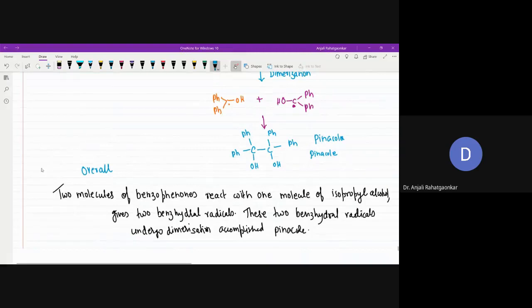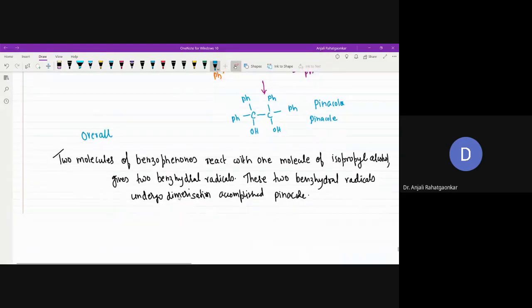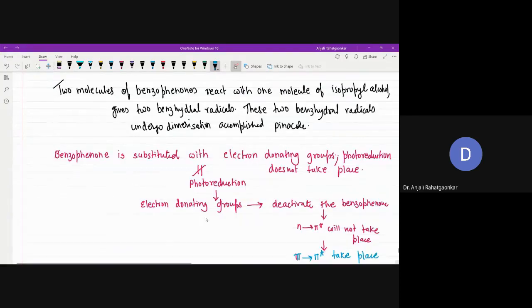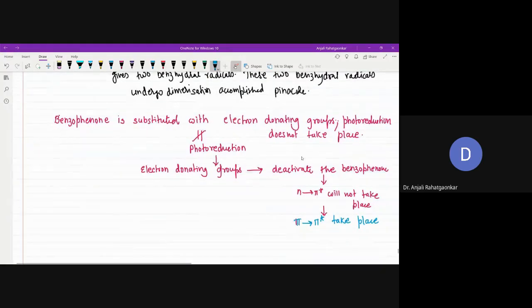So benzophenone, which is substituted with electron donating groups, the photoreduction does not take place. Why? Because the electron donating groups deactivate the benzophenone. It means that n-pi transition will not take place.